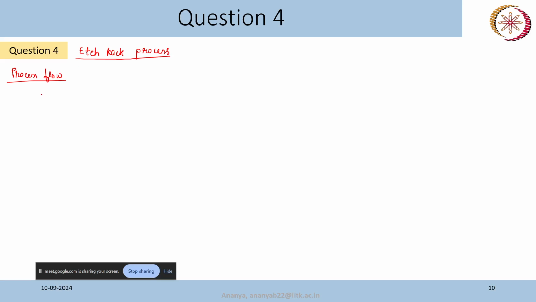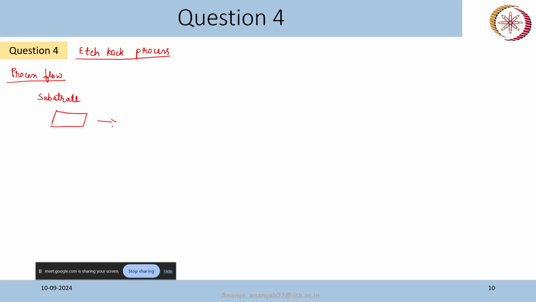So you will start with a substrate. This can be a bare substrate, or something deposited, or something patterned. I'm just calling it a substrate. On top of it, you will do the etch-back process.